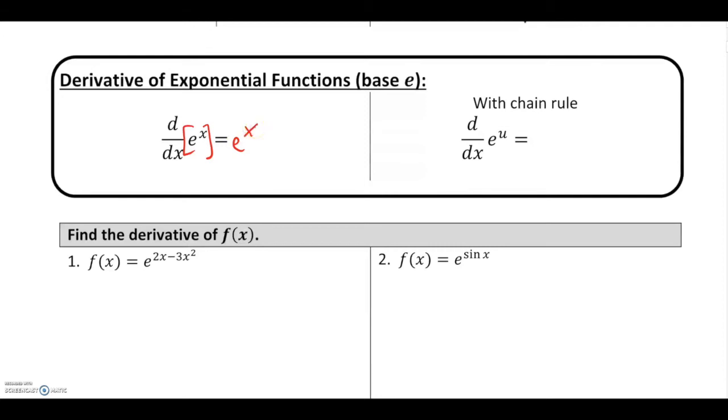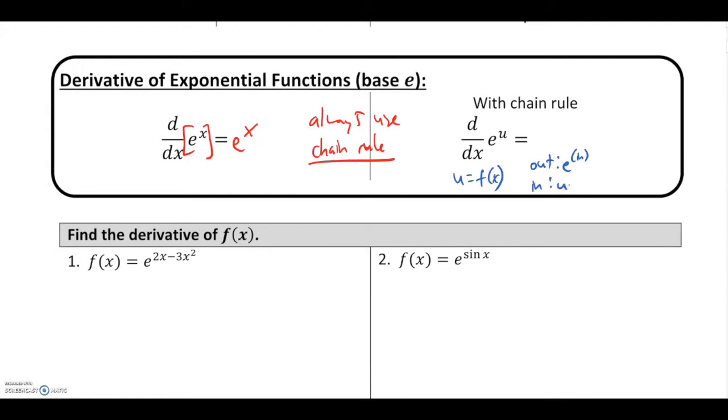The big thing to keep in mind, though, is just like we talked about with trig functions, we're going to always think about using the chain rule with this. This is another outside-inside situation. So when we deal with the derivative with respect to x of e to the u, where u is some function of x, what we're always going to have is the outside being e to something, and the inside being that u function.